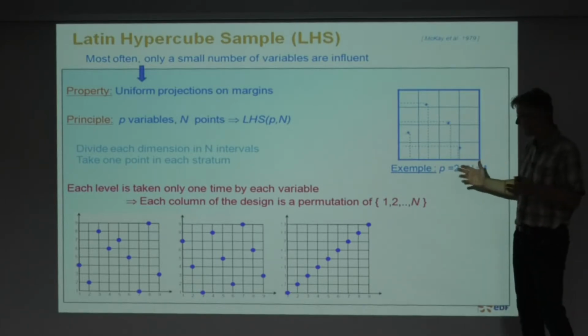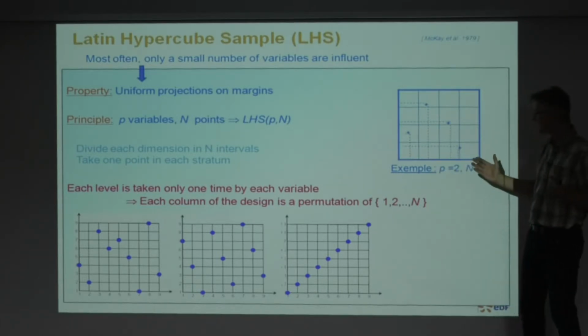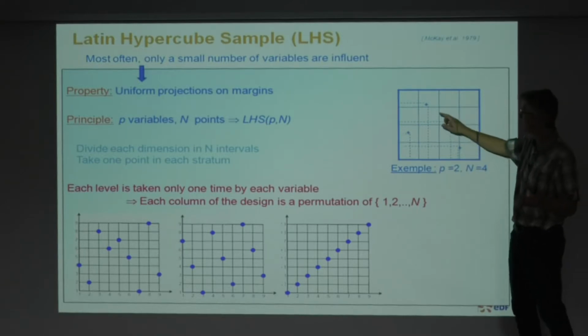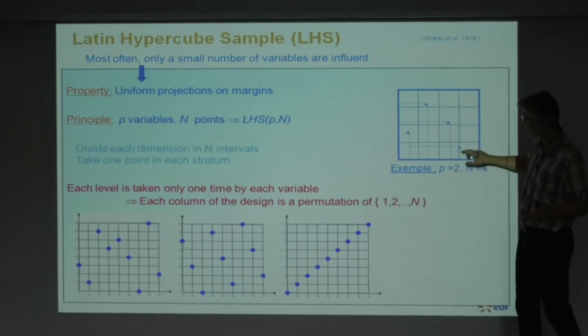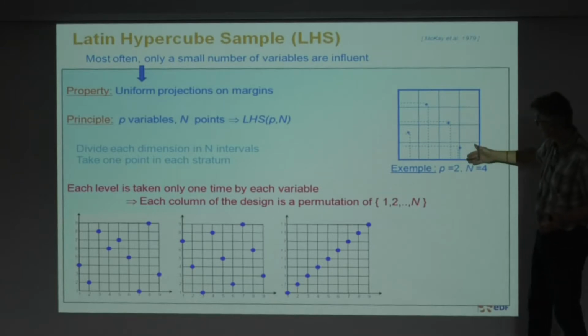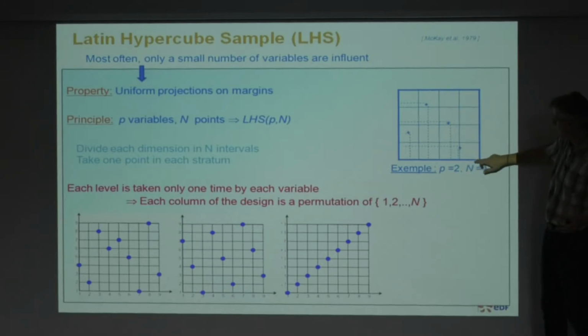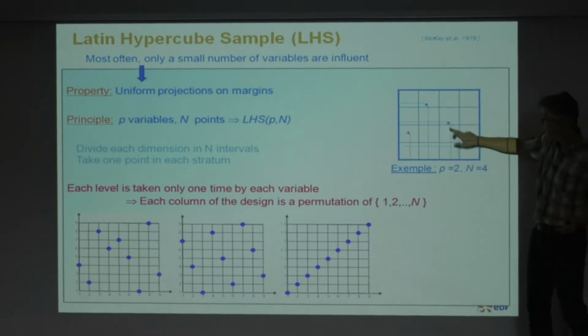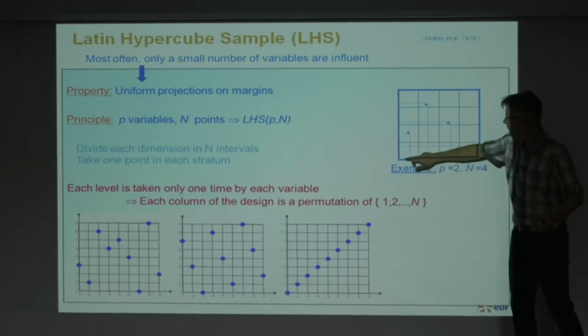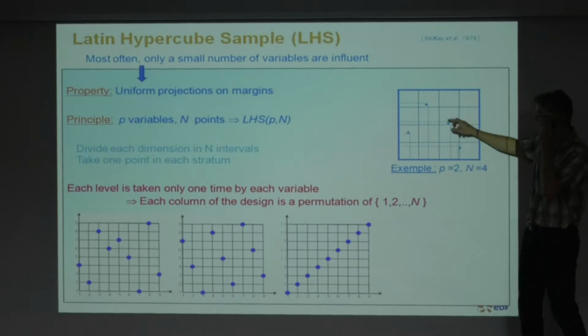So for the first dimension, I have created the permutation 4, 3, 2, 1, because here you see that the first point is in the fourth stratum, the second point is in the third, then the second stratum and the first stratum. So 4, 3, 2, 1.